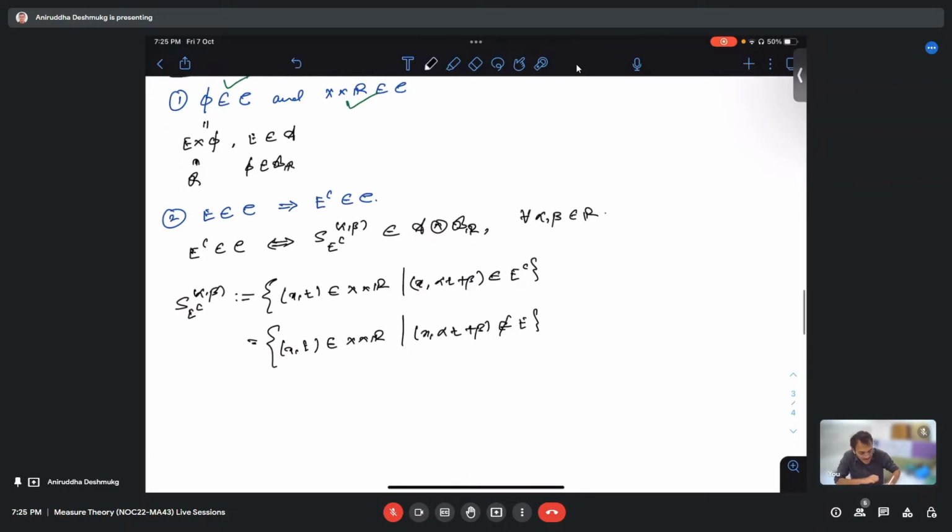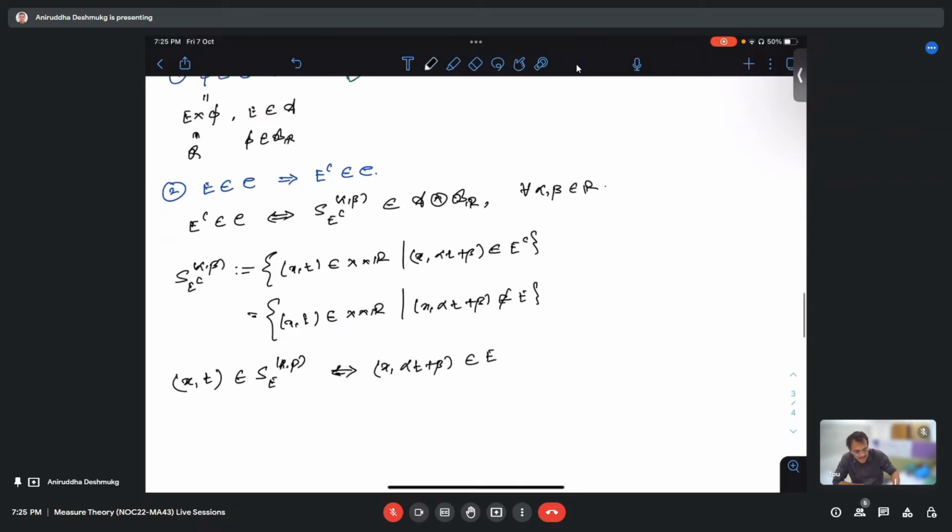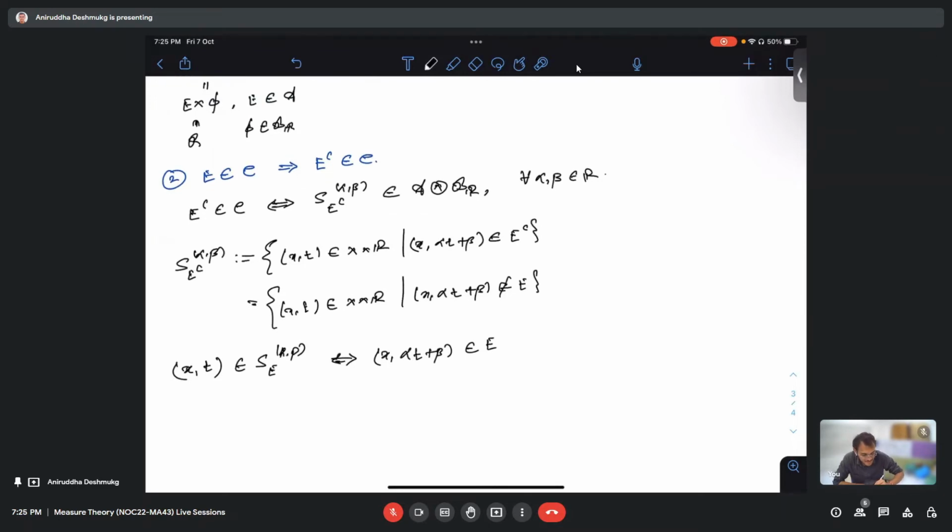See, let me write it this way, then it will be clear. See, x comma t is inside S of E alpha beta if and only if x comma alpha t plus beta is inside E, right? Okay.